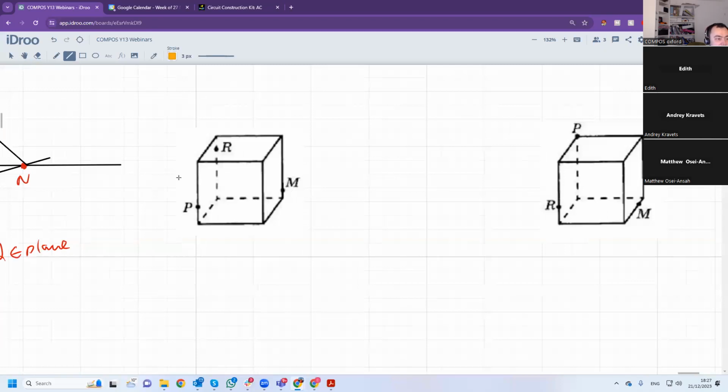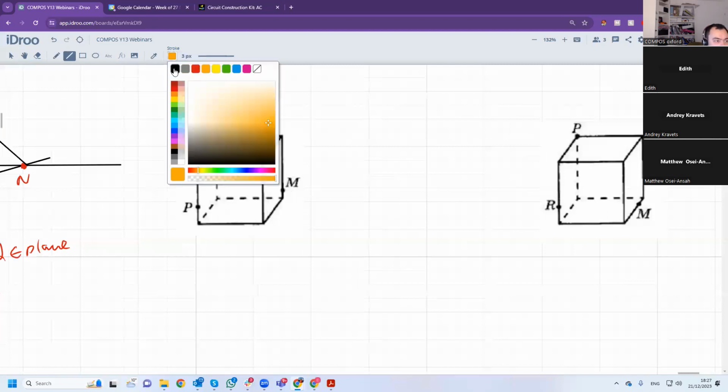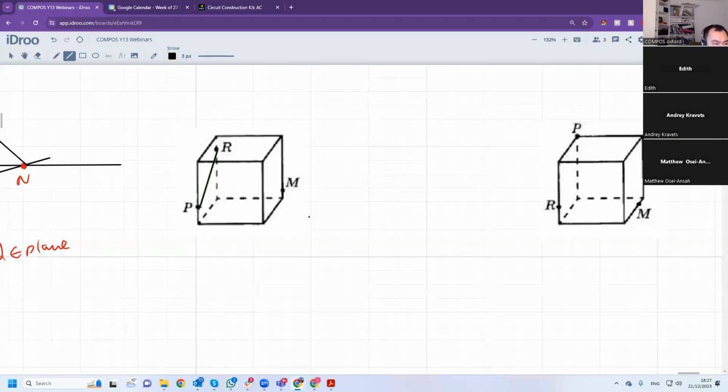So here we need to find the shape of the cross section. First we draw what we have. We draw RP and we have RM. Now we extend. What do we extend? We need to find the line along which the plane crosses this plane. Does it have to be parallel?